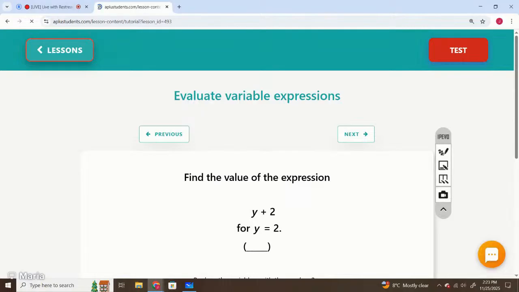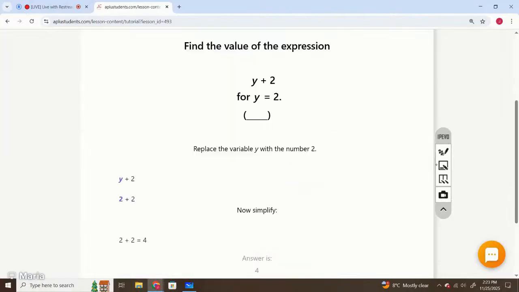Find the value of the expression y plus 2 for y equals 2. We are given the mathematical expression y plus 2. To evaluate, we need to replace the variable y with 2.